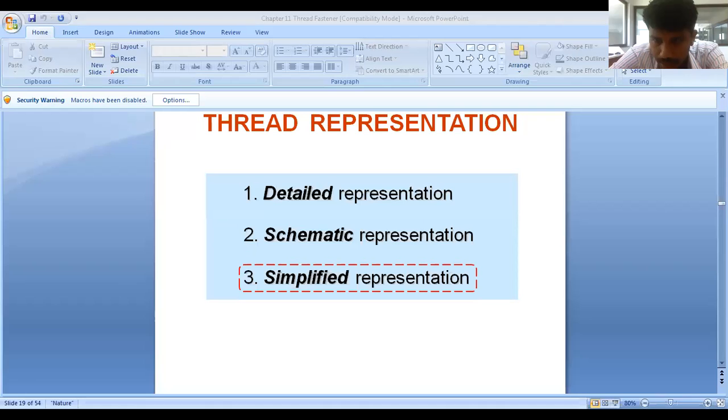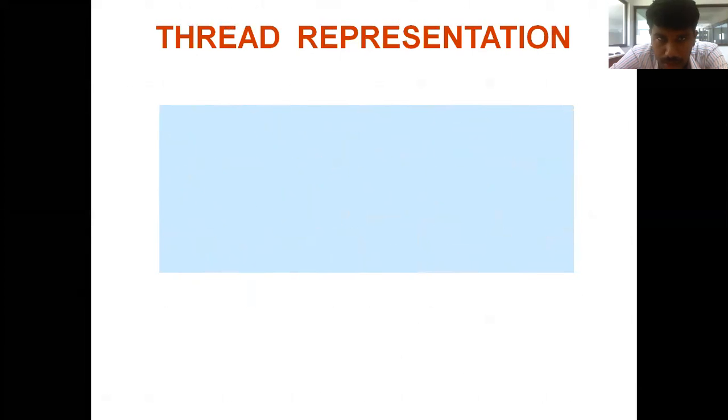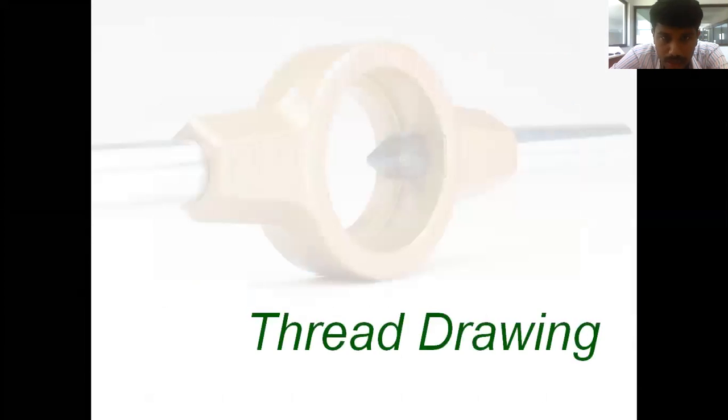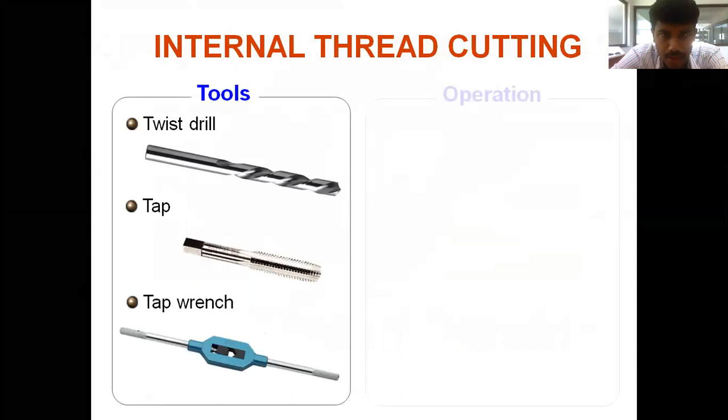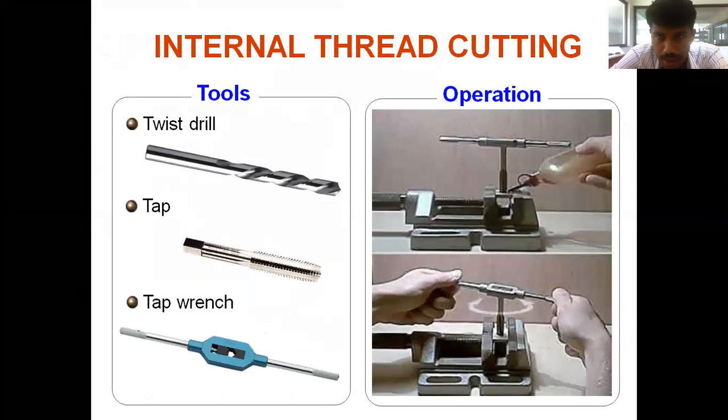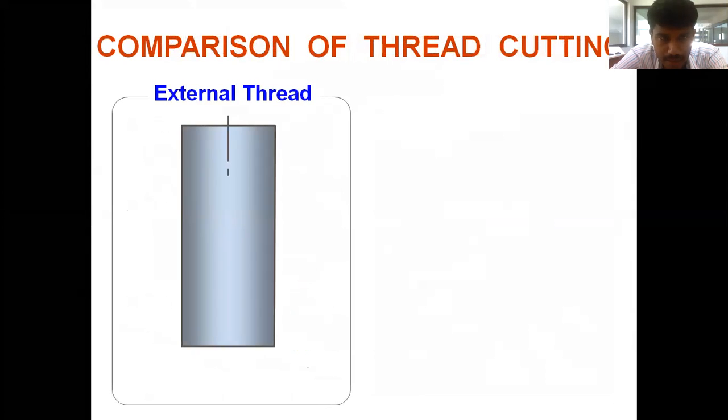In the previous class, we discussed how to do internal threads, how to do external threads, and how these operations are going to be done. Comparison of external thread cutting and internal thread cutting.